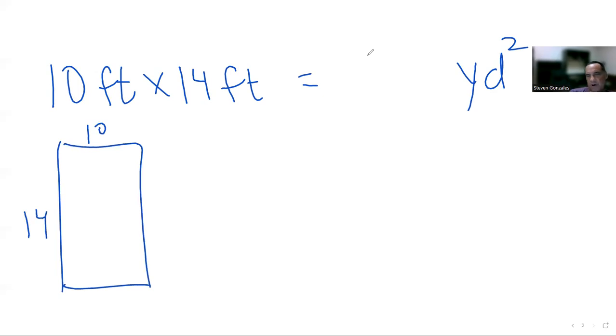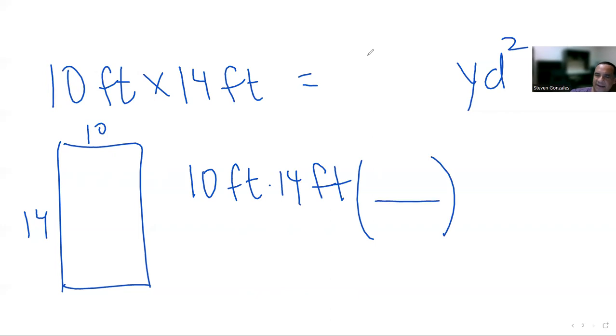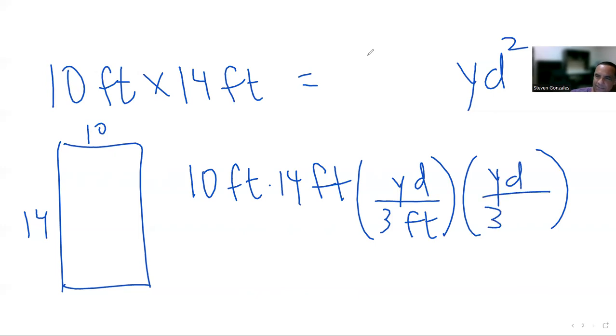It's probably a situation where I measured the room. It's 10 by 14 feet, but they're selling the carpet or the flooring in square yards. So what you're going to have to do is take the 10 feet, take the 14 feet, and realize that 3 feet make a yard, and this is your conversion. And then you have to do it twice because it's an area.